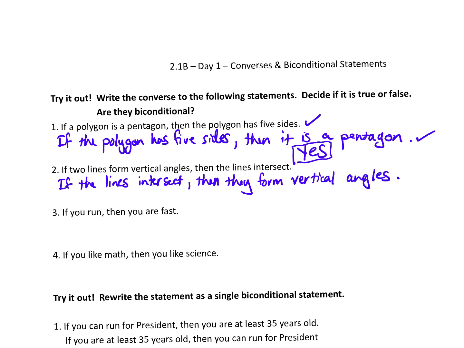So now we gotta check. If two lines form vertical angles, then they intersect. That's true. If the lines intersect, then they form vertical angles. Yeah, that's true. So yes, since they are both true, this is biconditional.